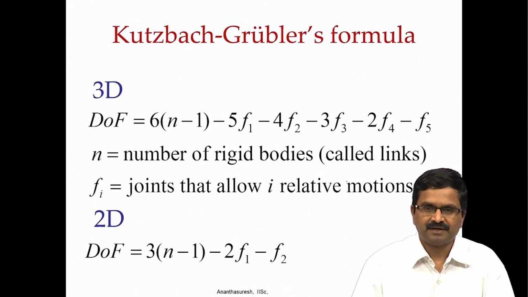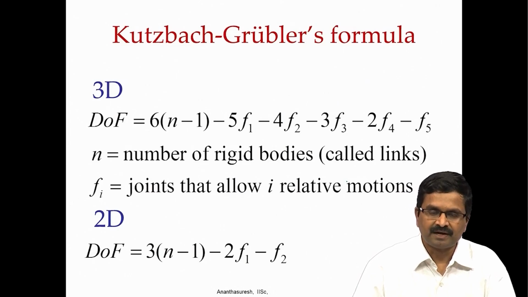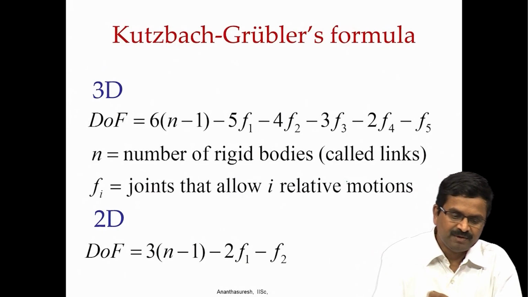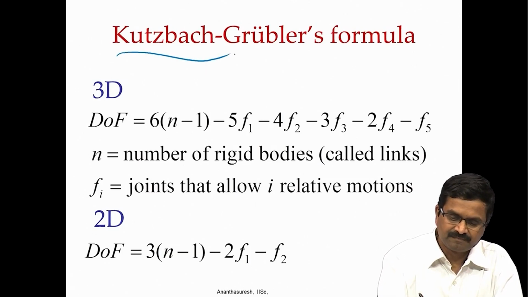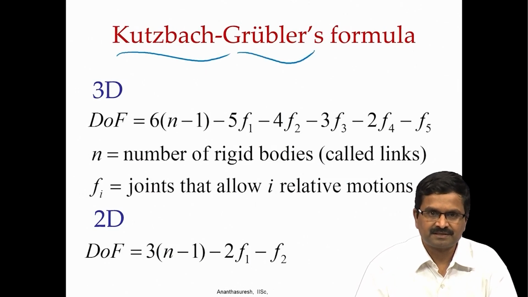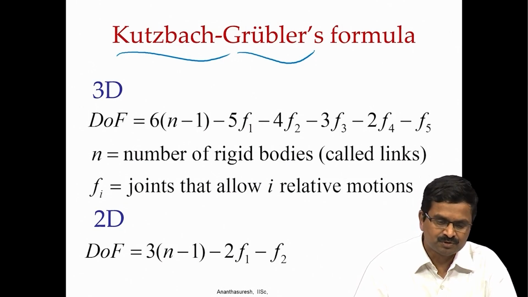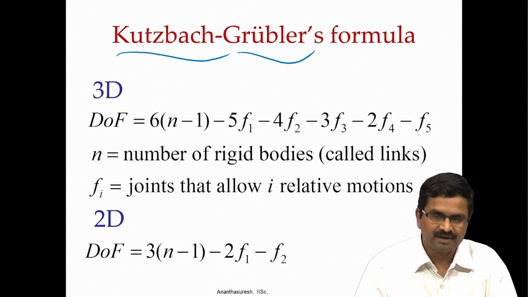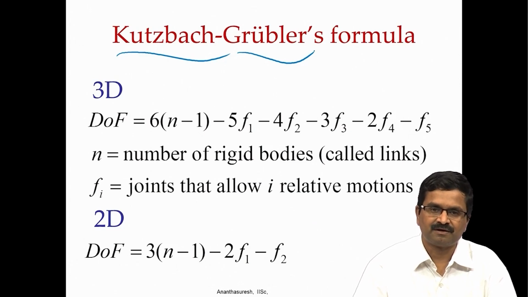The formula that becomes useful to analyze mobility, or to compute the degrees of freedom, is the familiar one that all of you would have learnt in your kinematics class, that is Kutzbach and Grubler's formula. Kutzbach is usually given for planar mechanisms, things that are alone in 2 dimensions, the xy plane, and Grubler's is given normally for spatial or 3D.